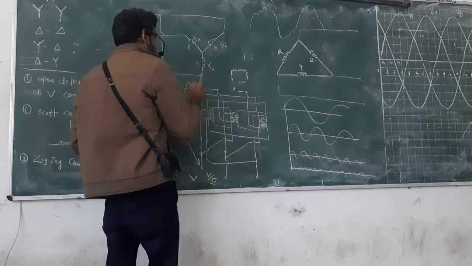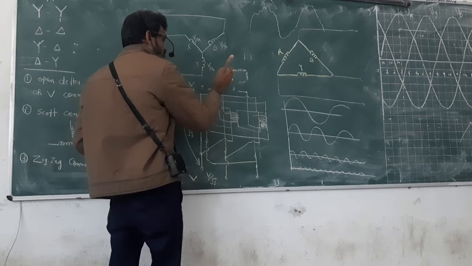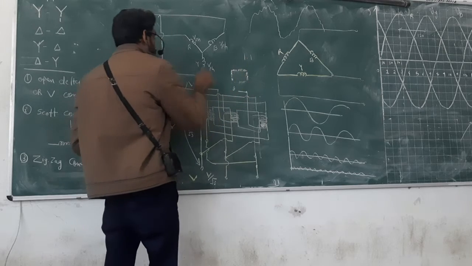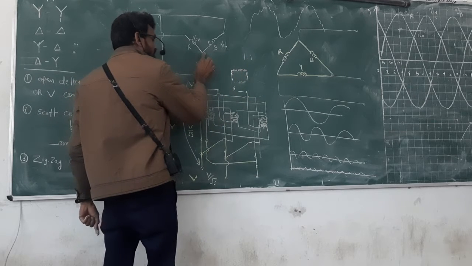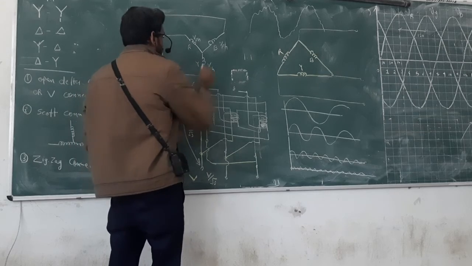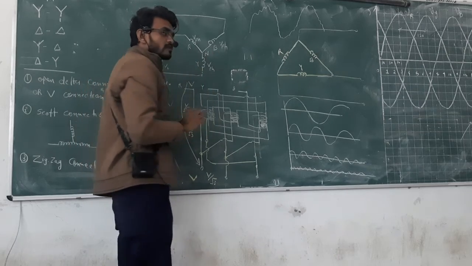So at that time, all three phases' third harmonic, because third harmonic is in phase, will appear on this point. And this kind of thing we call neutral shift.